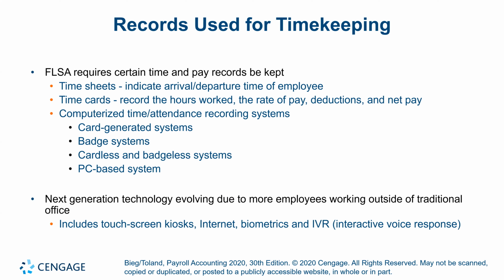Some of the different systems that are used for recording time and attendance: card generated systems, badge systems, cardless and badgeless systems, and then PC based systems. In card generated systems, employees use time cards similar to the traditional time cards illustrated earlier.